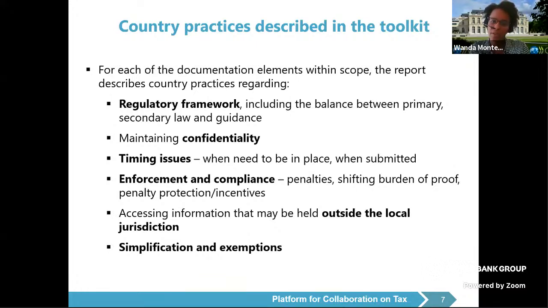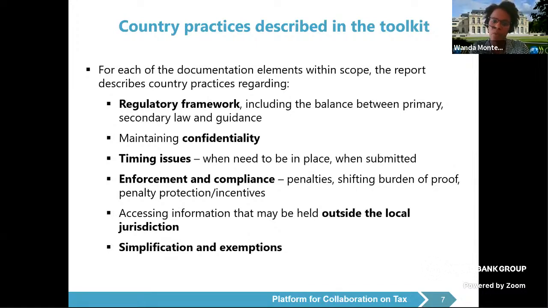Also, we include in the toolkit some discussion regarding the tools or ways for accessing information that may be held outside the local jurisdiction. And lastly, some simplification and exemption.